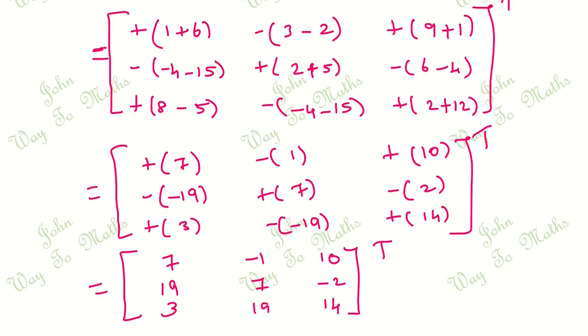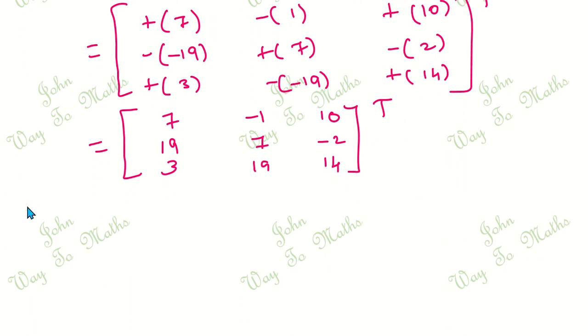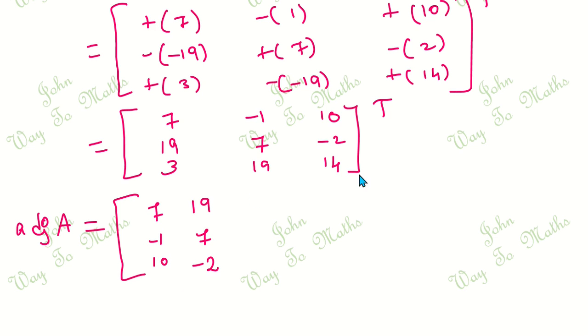Now I'm going to apply the transpose. Transpose means rows change into columns, so therefore adjoint of A matrix, which is equal to first row becomes first column, so 7 minus 1 10, second row becomes second column 19, 7, minus 2, then third row becomes third column 3, 19, 14 is the adjoint of A matrix. Next I'm going to find A inverse.